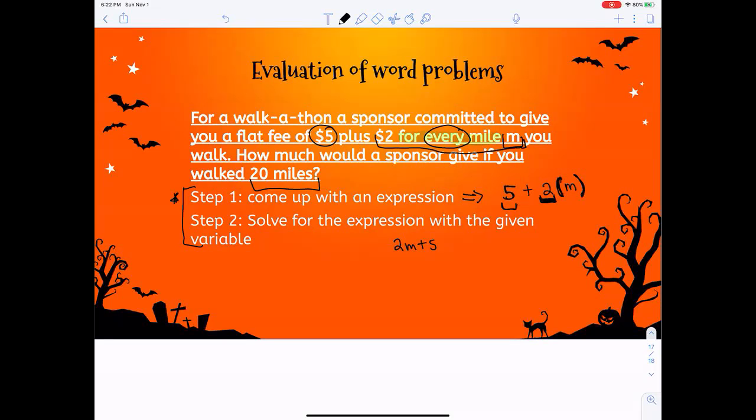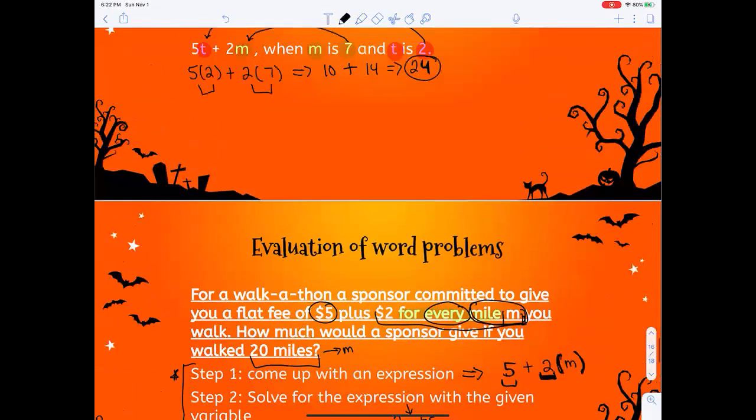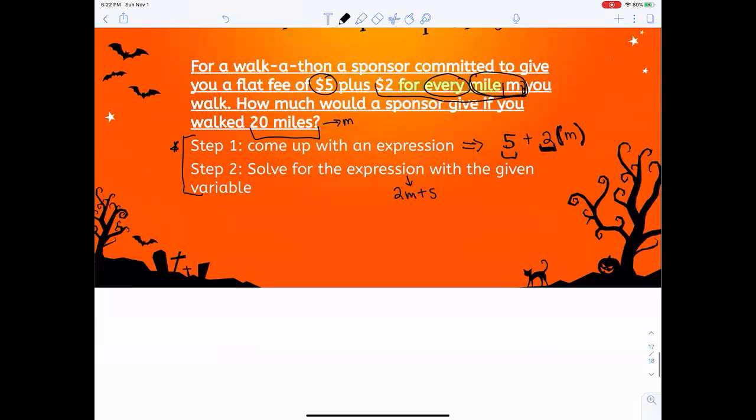So now I want to evaluate the second part. How much would my sponsor give me if I walk 20 miles? Remember, here, miles was defined with m. Therefore, this is m. So I could go ahead and plug it in just like I did up there. But now it's 20. So if I evaluate this expression, I have 2 times 20 miles plus the $5 he has guaranteed to give me.